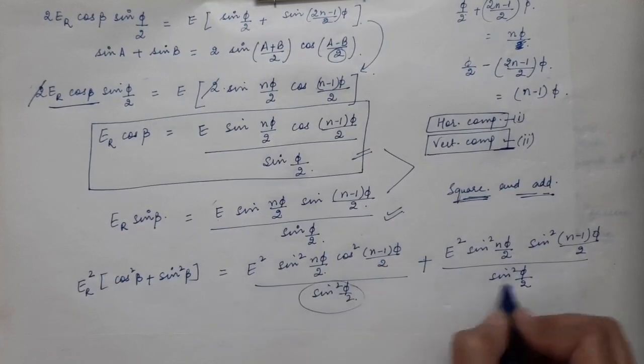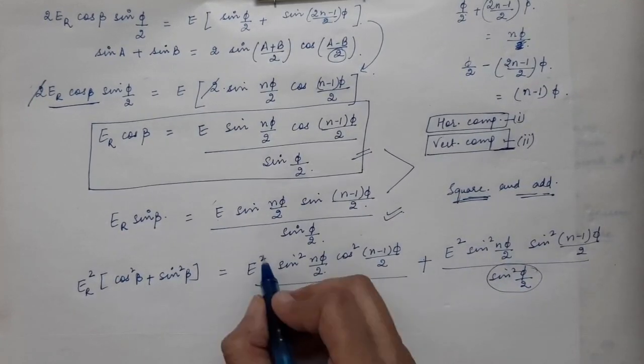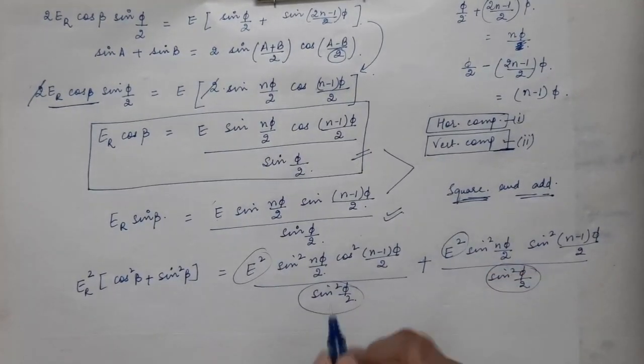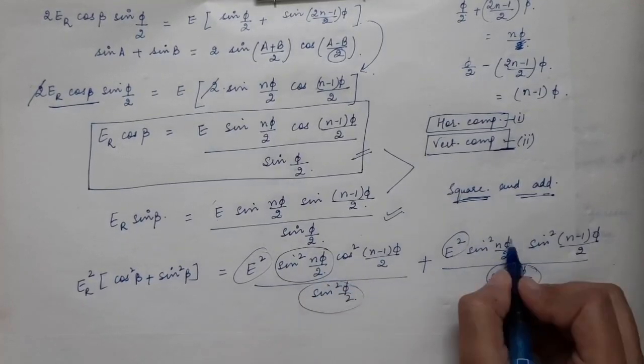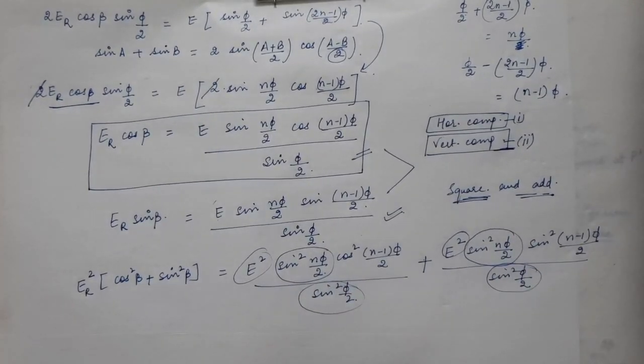Here sin square phi by 2 is common, E square is also common, and sin square n phi by 2 is also common, so these can be taken outside.